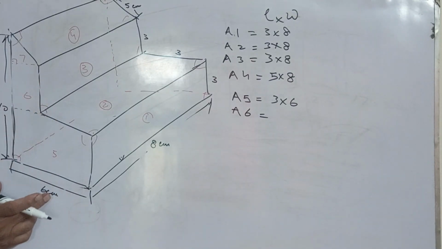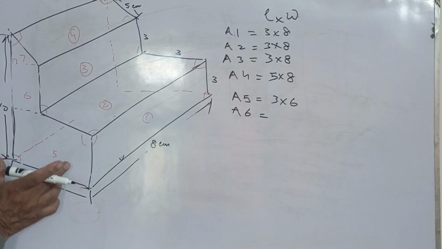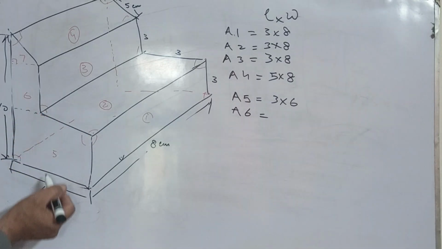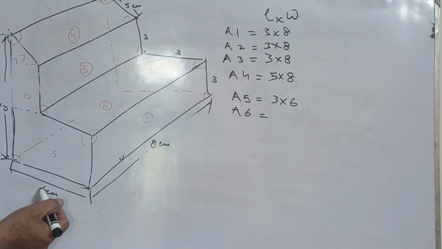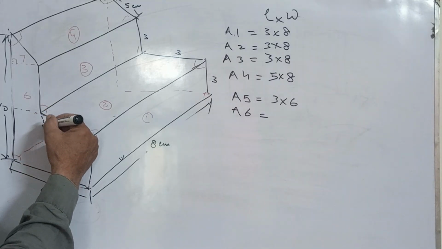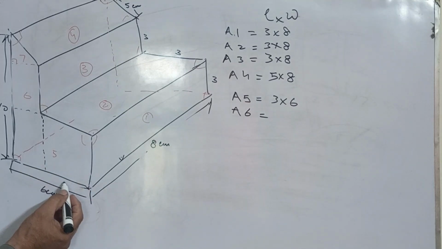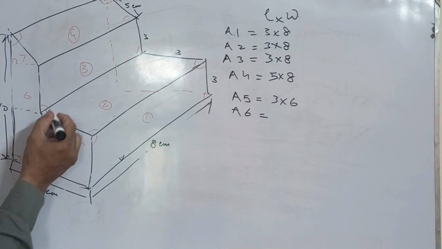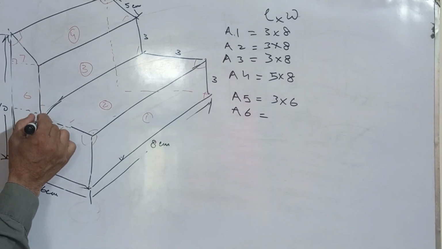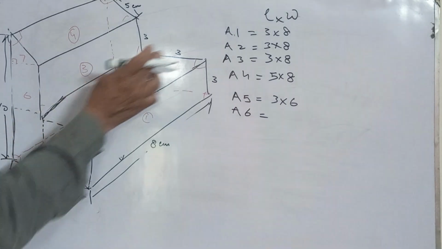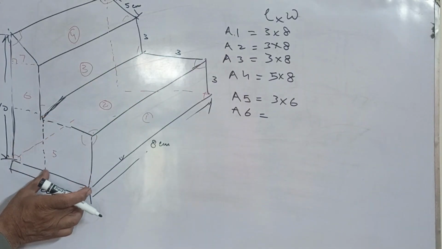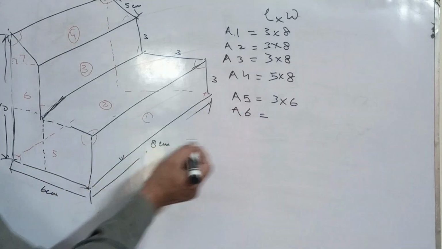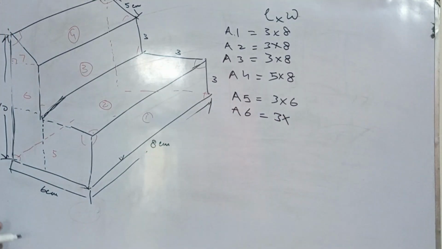And what about this? This is 3, and 6 minus 3. Because if I go down like this, it is 3. So it will be 3 and total is 6, and 6 minus 3 is 3. 3 multiplied by how much?